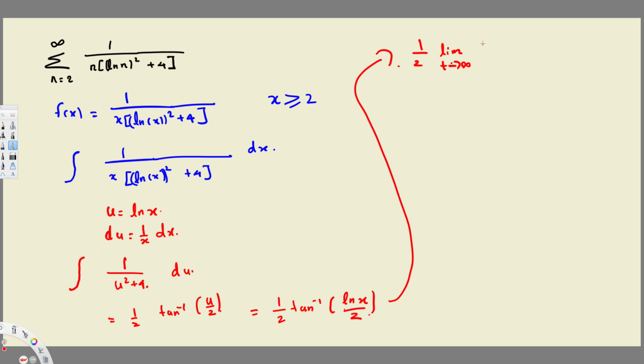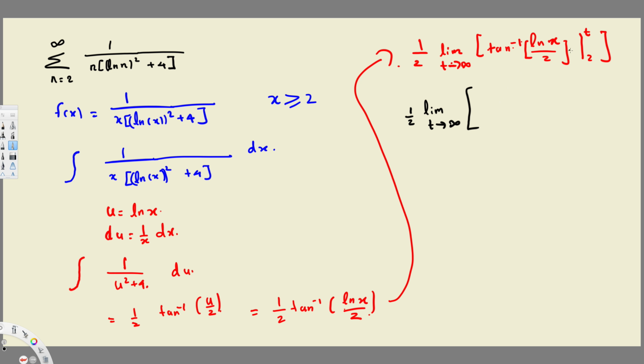So here I'm going to write tan inverse of ln x over 2, and instead of 2 to infinity, I say 2 to t, and then find the value that gives.